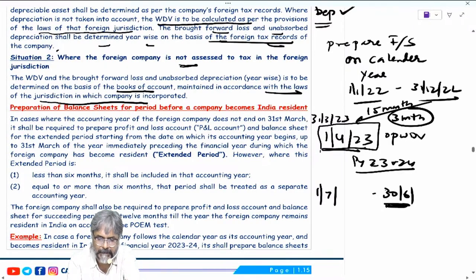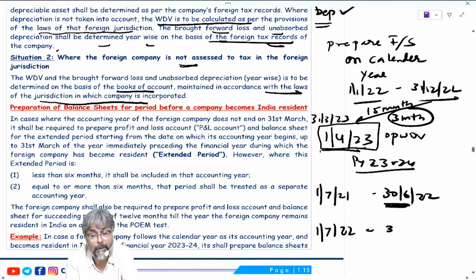It would be 1st July 2021 to 30th of June 2022. Because I require the data on 31st March 2023. But their next financial statement would be on what? 1st July 2022 to 30th June 2023.